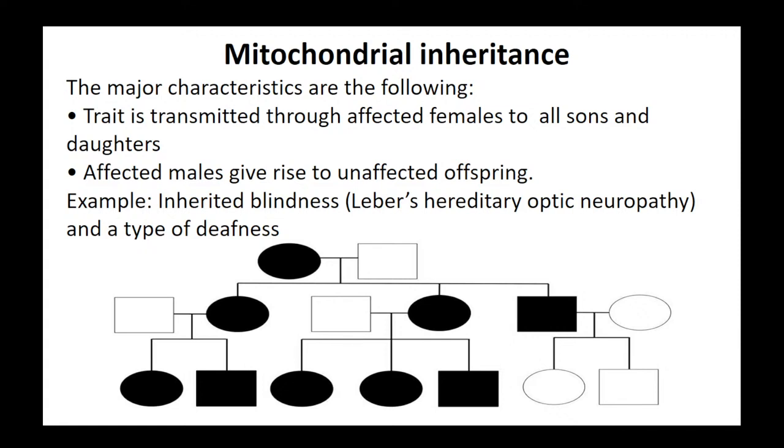But the affected female transfers these characteristics to all sons and daughters, and the affected male doesn't transfer this characteristic to his children, because during fertilization from the male only genetic material of the nucleus takes part.